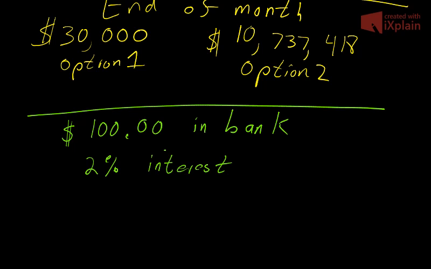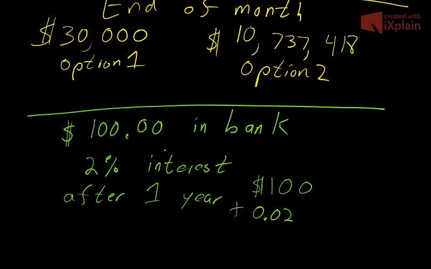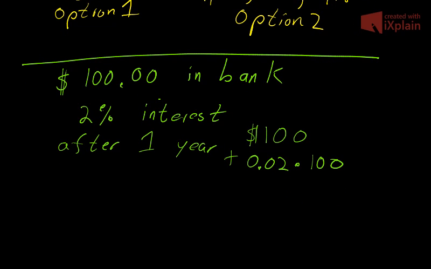After 1 year, I would still have my original $100, but now I would have my 2%, or 0.02, times $100 in there as well. So 2% of 100 is $2, hopefully we know that. And then plus the $100 that we had to begin with, I end up with $102. So after 1 year, I'd have $102.